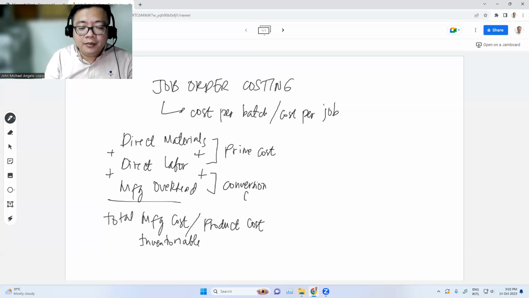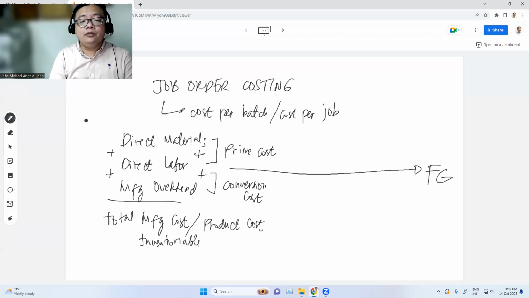Meaning to say, your materials will be converted into the finished product. While the prime cost, direct materials and direct labor, if you add your manufacturing overhead, that's your total manufacturing cost or your product cost or inventoriable cost. Ang goal natin is that your total manufacturing cost ay magiging finished product or finished goods. Yan naman yung pinaka-goal natin.